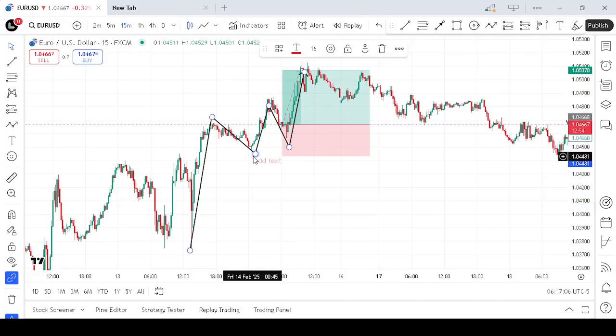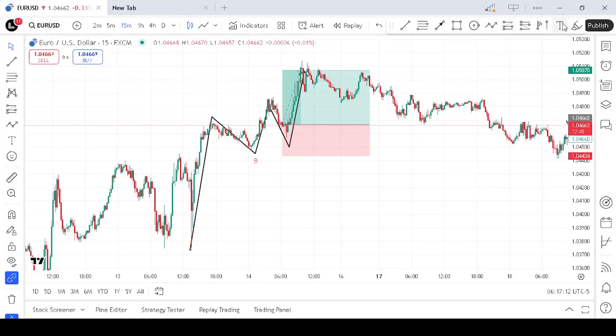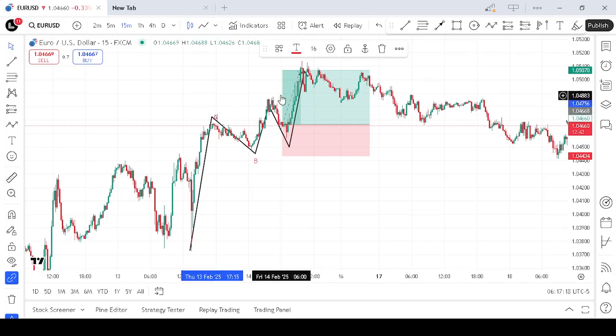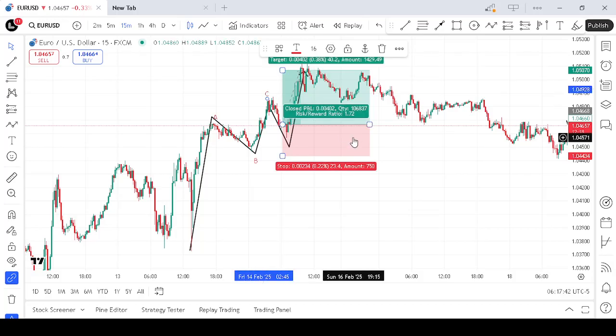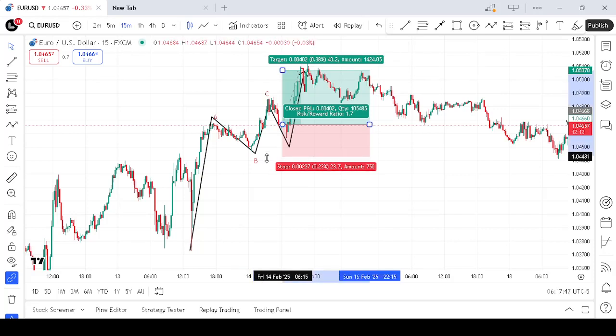This is your point B. This is our point A. And this is our point C. Now, to ensure that if the market moves against you unexpectedly your losses are limited, that's why we put our stop loss below the point B.